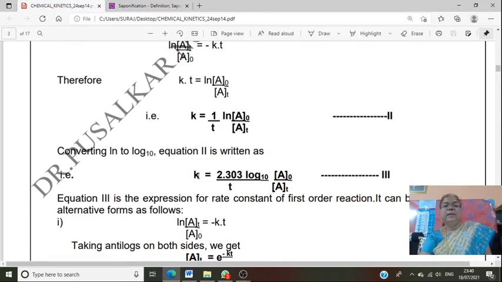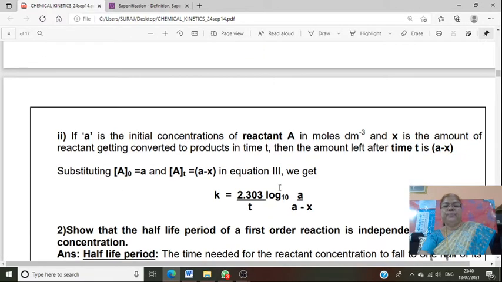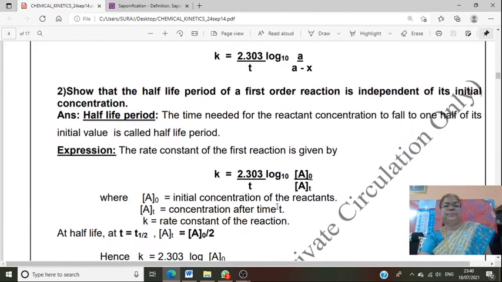That is, k is equal to 2.303 upon t into log to the base 10 of a divided by a minus x. This is the integrated form of velocity constant k of the first order reaction.